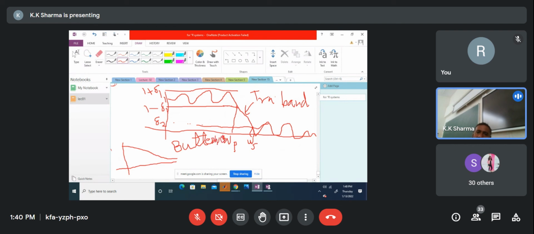Butterworth, agreed? Butterworth filter में ripples नहीं है, either in the pass band or stop band. This is the response of the analog low pass filter.